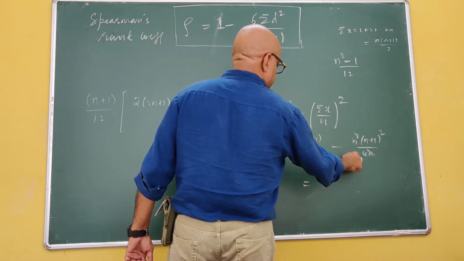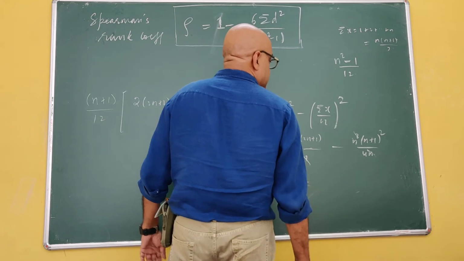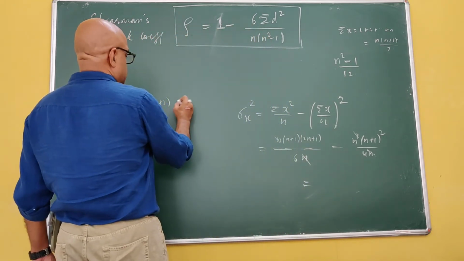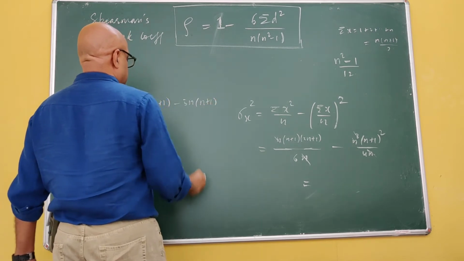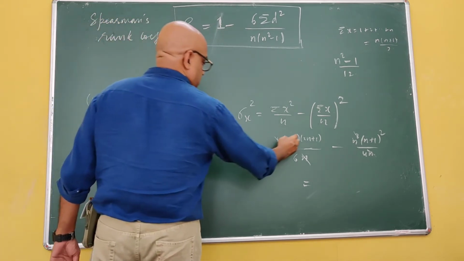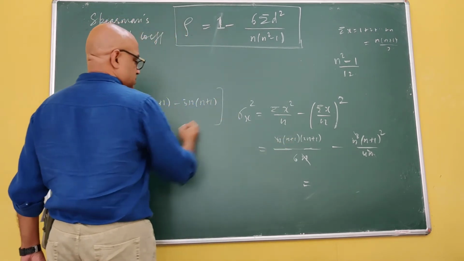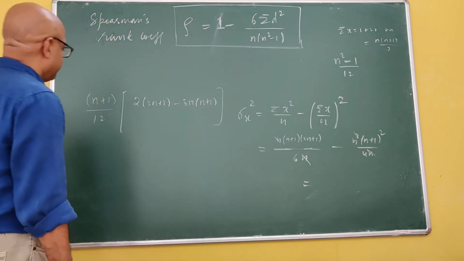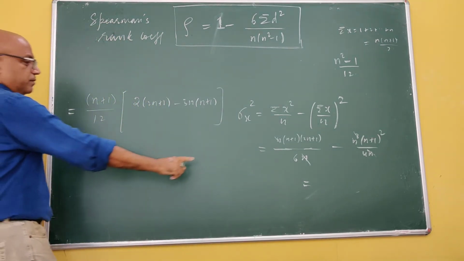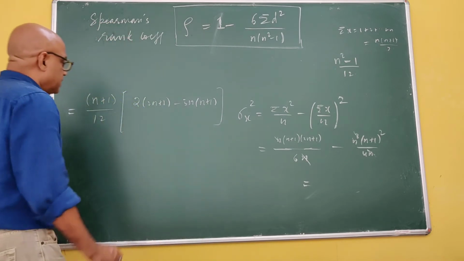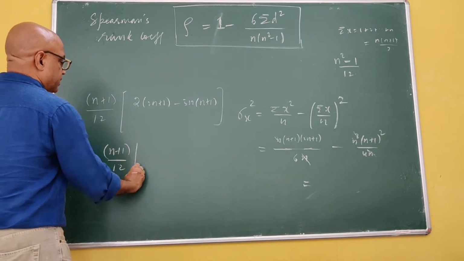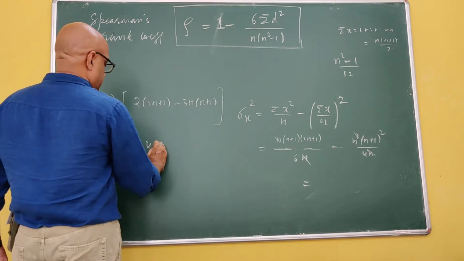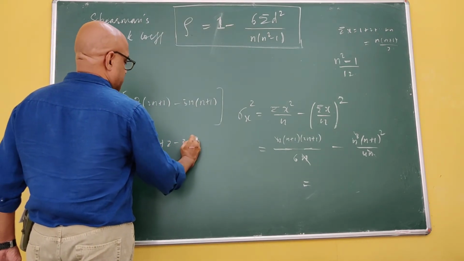So minus 3 times n plus 1. This is what you get, because n plus 1 has gone out. And then what do you have? You get n plus 1 divided by 12, and this becomes 4n plus 2 minus 3n.